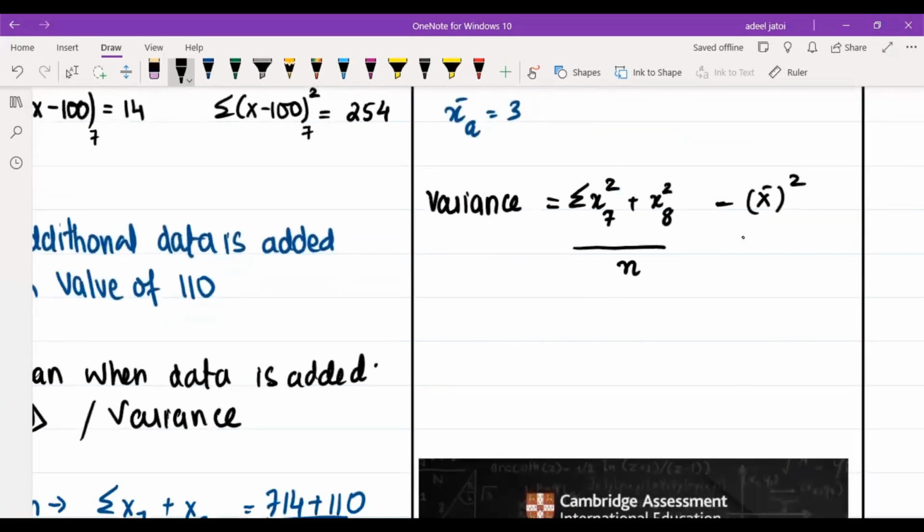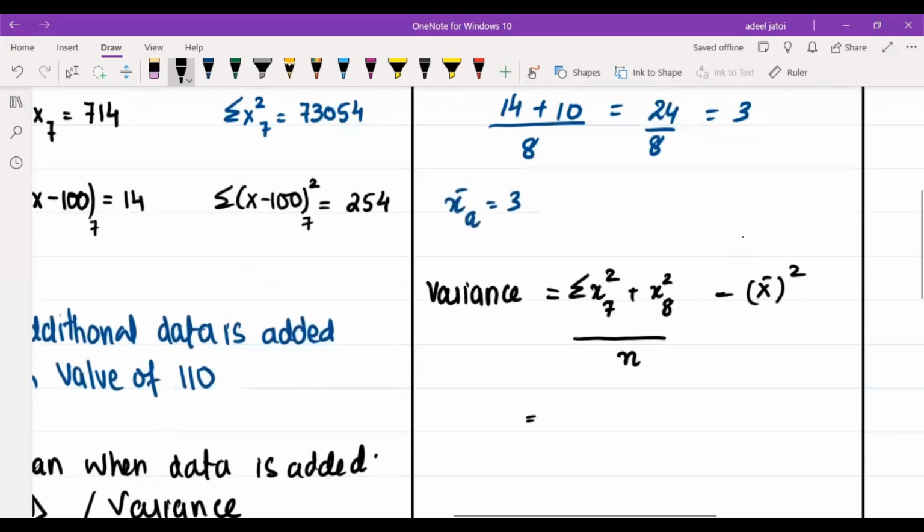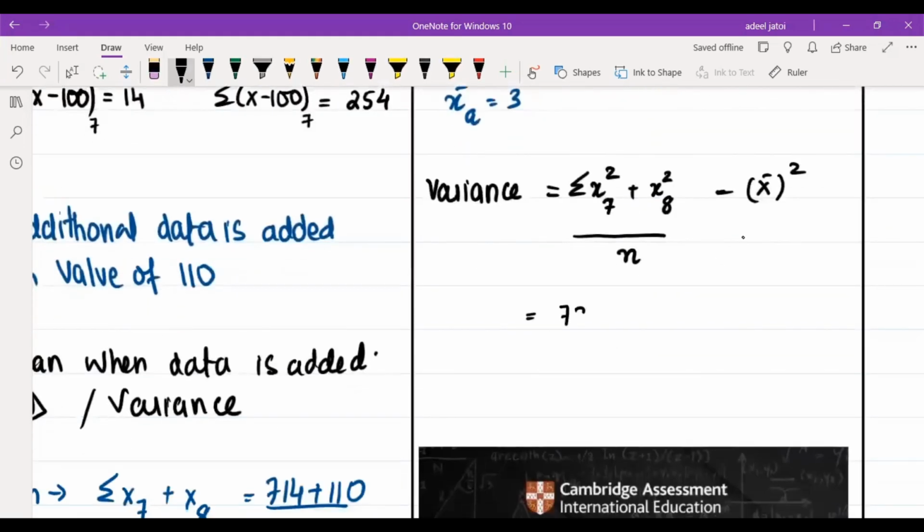The summation of x square 7 was 73054 plus 110 square, upon 8, minus the new mean, 103 square.